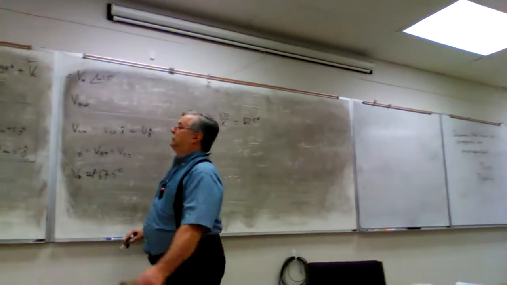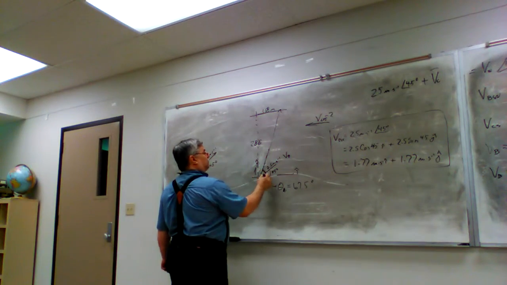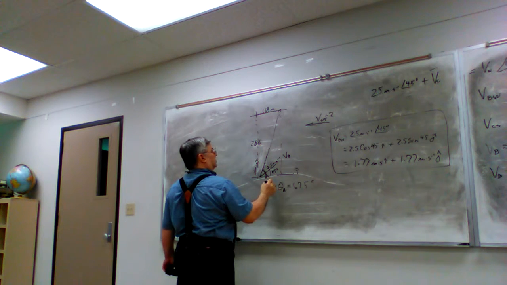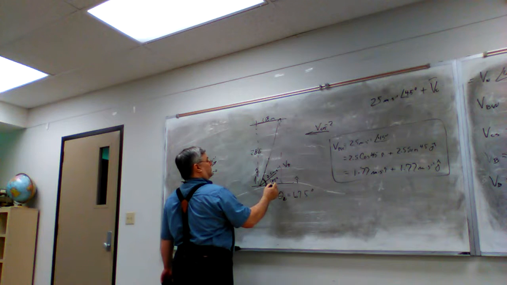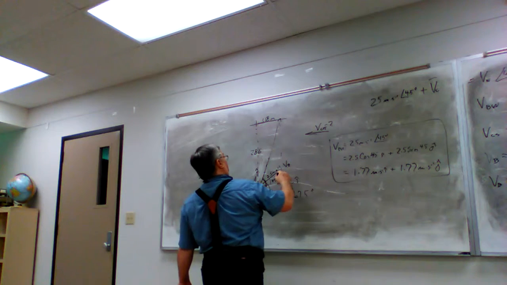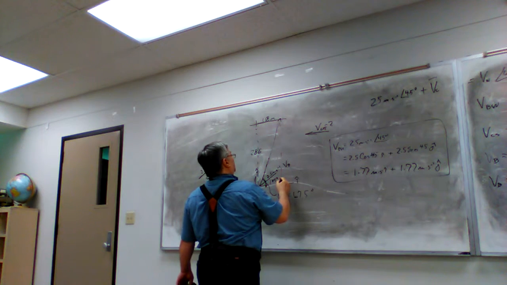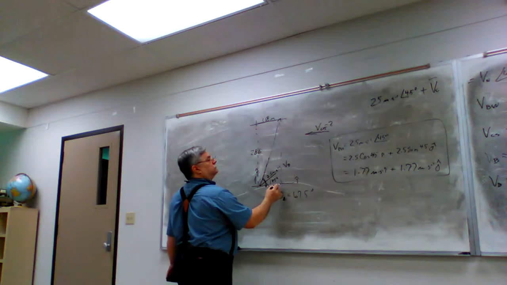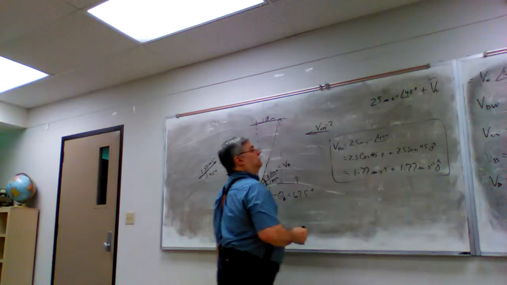Because this angle is going to be 67.5 degrees. Tangent of that angle is going to be, yes, it's still going to be this, 1.77, divided by this.